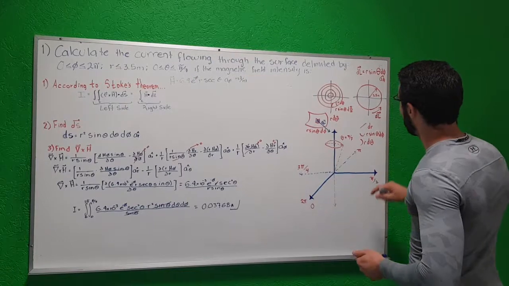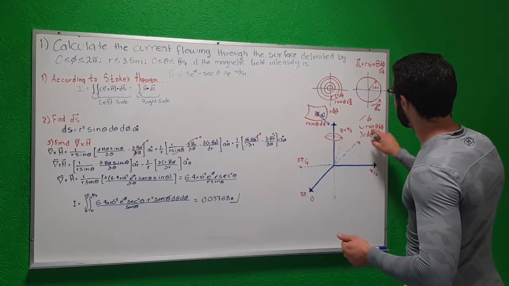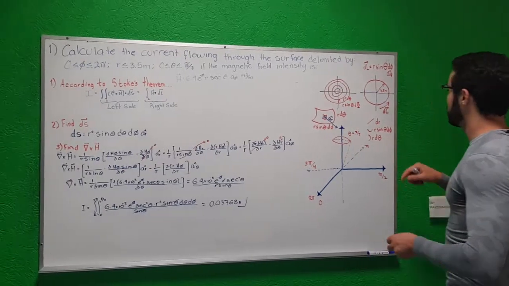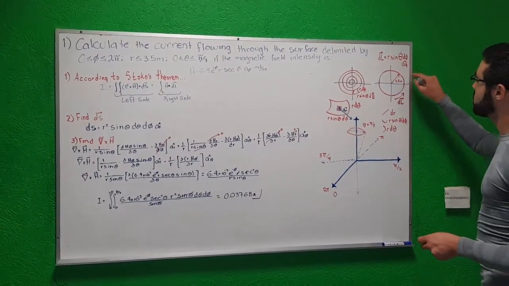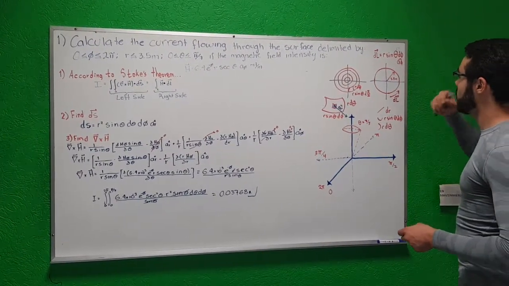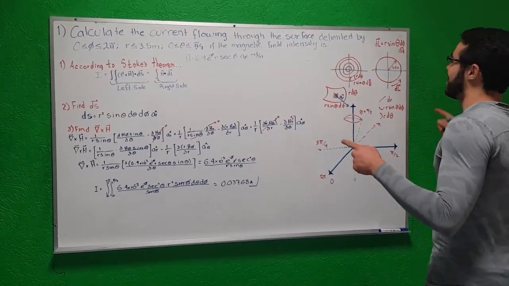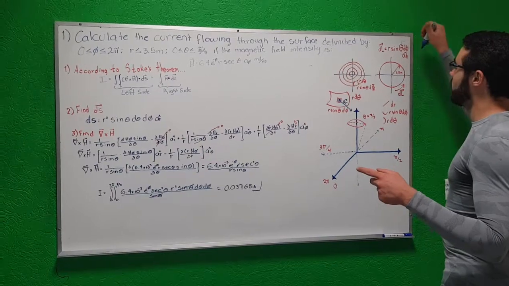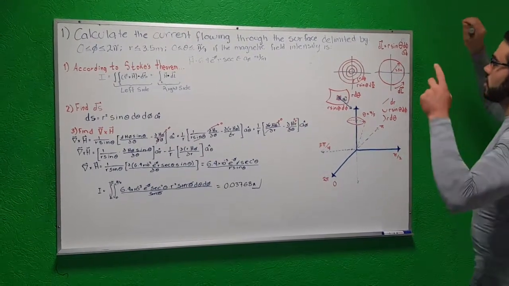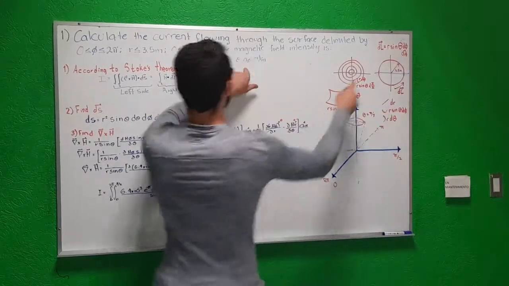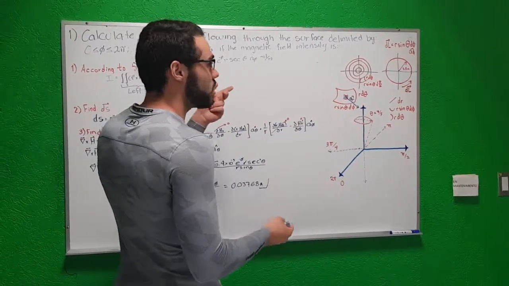Perfect. We're gonna use r sine of theta d phi. This is gonna be in phi direction because every time we have a line integral, we use the same direction of the differential. By doing that, we can notice that this one and this one will cancel.